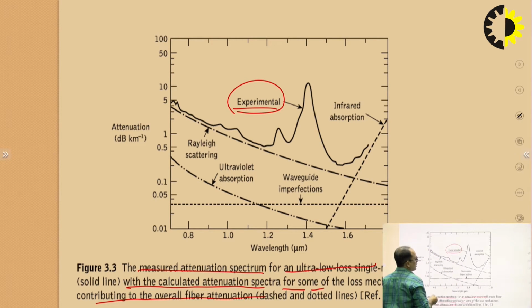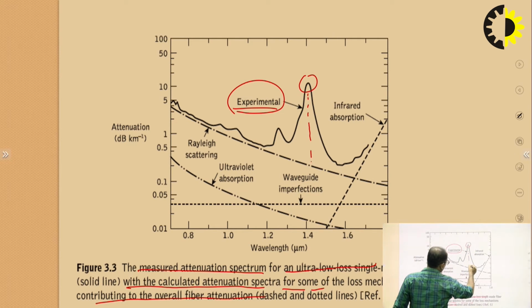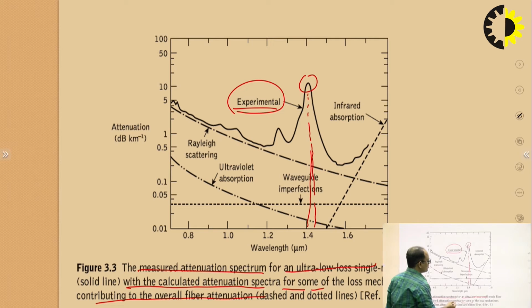So you will see here that during the experiment, the maximum attenuation is generally observed at what? At this wavelength, at around 1.415 something, clear. So at the minimum around 1550 nanometer, the attenuation is minimum, and around 1350 nanometer attenuation is less, and around 800 nanometer attenuation is this one.